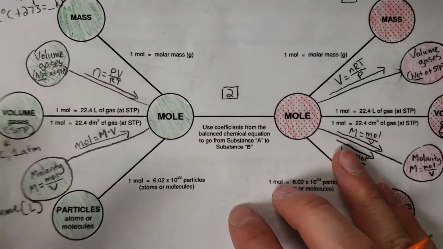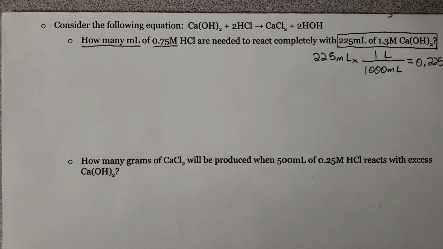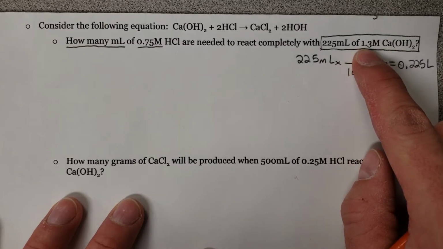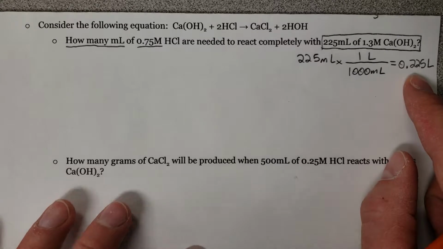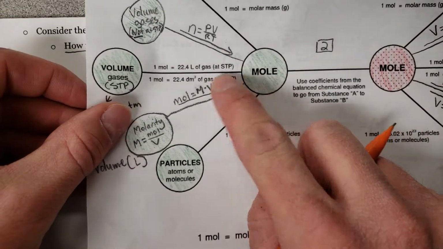We're not able to just plug straight in sequence like in some of our other questions. Here, we're given 1.3 molar of CaOH2 and 0.225 liters of CaOH2, and we need to convert to moles first, so molarity times volume.